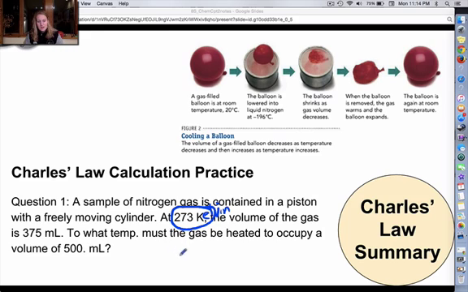So go ahead and do the calculation, and then I'll tell you what the answer is. Pause now. Restart now. The answer that you should have gotten was 364 Kelvin, and that would be the same as 91 degrees Celsius, so quite warm. Okay, and that's why the volume went up so much.